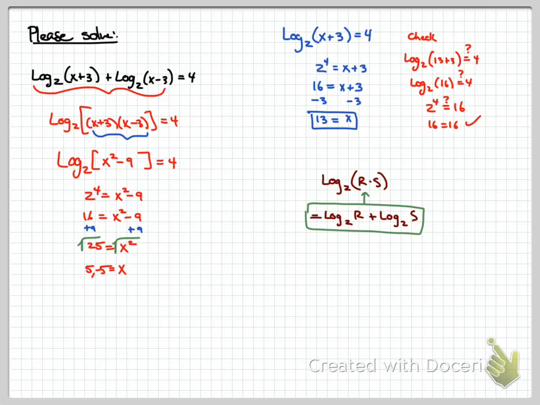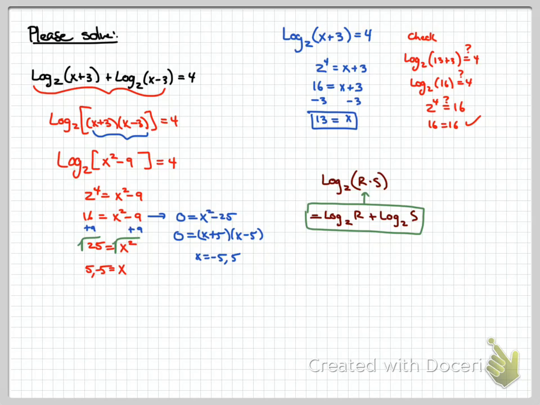Equivalently, you could have subtracted 16 from both sides, 0 equals x squared minus 25, and actually factored the right-hand side, x plus 5 times x minus 5, and you get the exact same potential solutions.